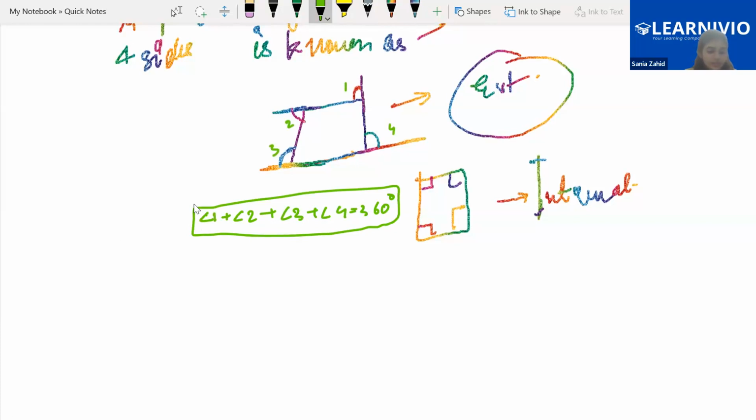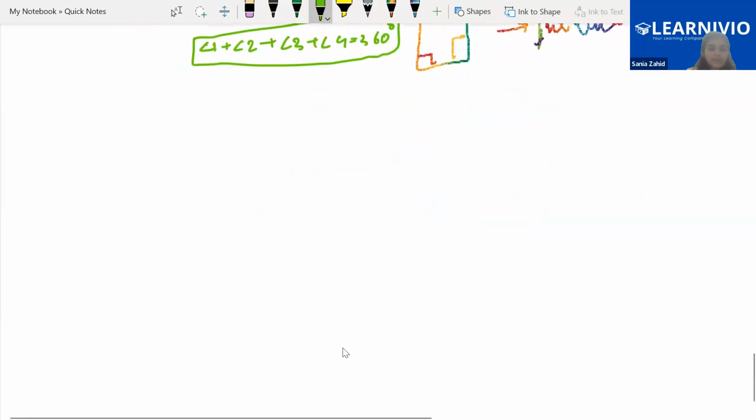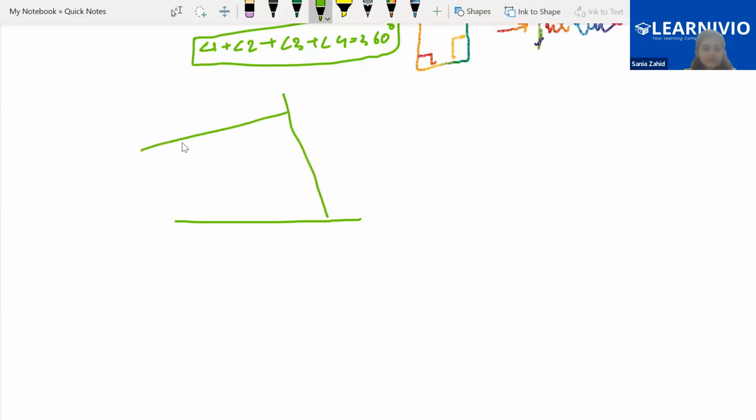Like I give you one example, one question. You have a figure something like this. This angle right here is 50 degrees. This angle is 110 degrees.